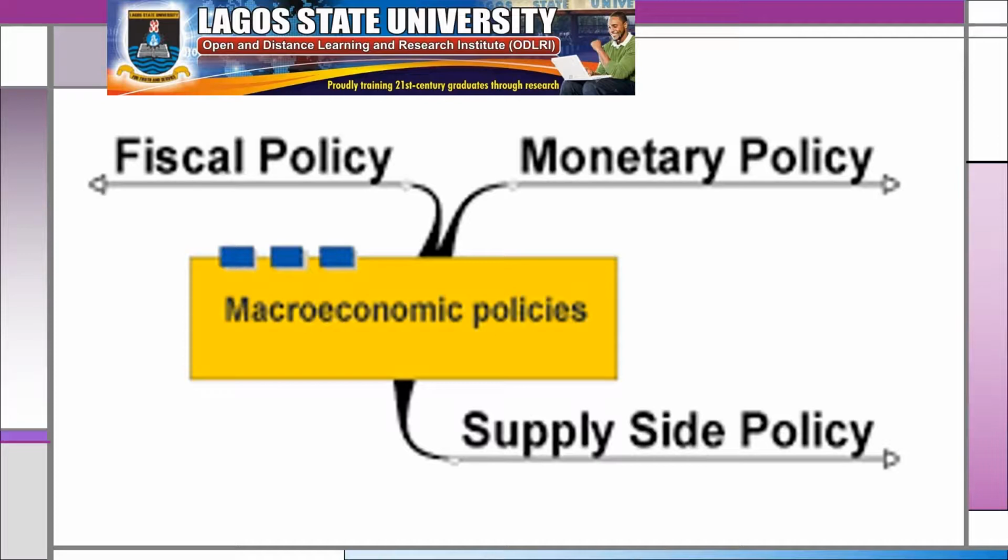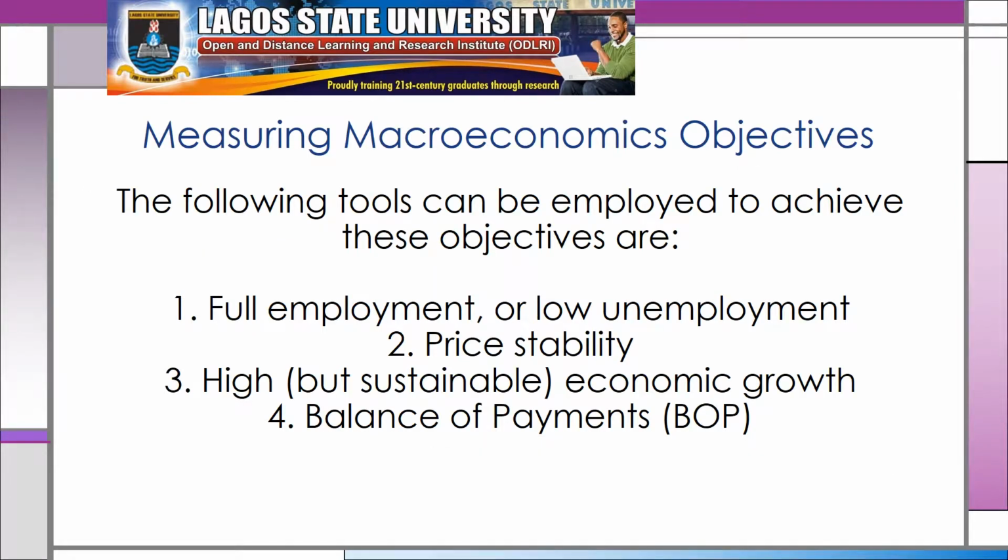For the monetary policy aspect, we look at interest rates, the supply of money, credit, the value of exchange rates, and the effects of interest rate increases on the growth of aggregate demand in the economy. The supply side looks at how markets work effectively within an economy.